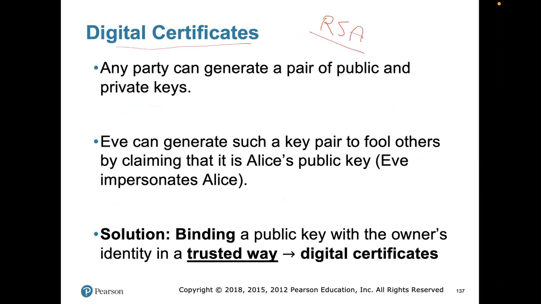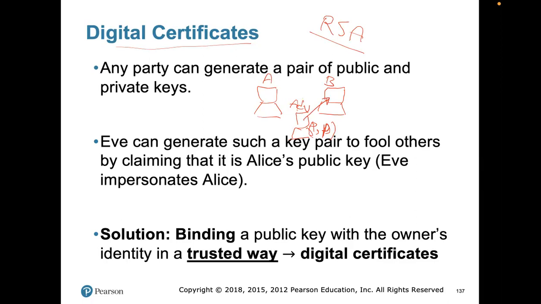The problem that asymmetric algorithms still cannot address is the case where, let's say you have Alice and Bob, and they are supposed to communicate. Here is Alice and Bob, and an adversary comes. The adversary generates a pair of public and private keys and shares them with Bob, saying, okay, I am Alice and this is my public key.